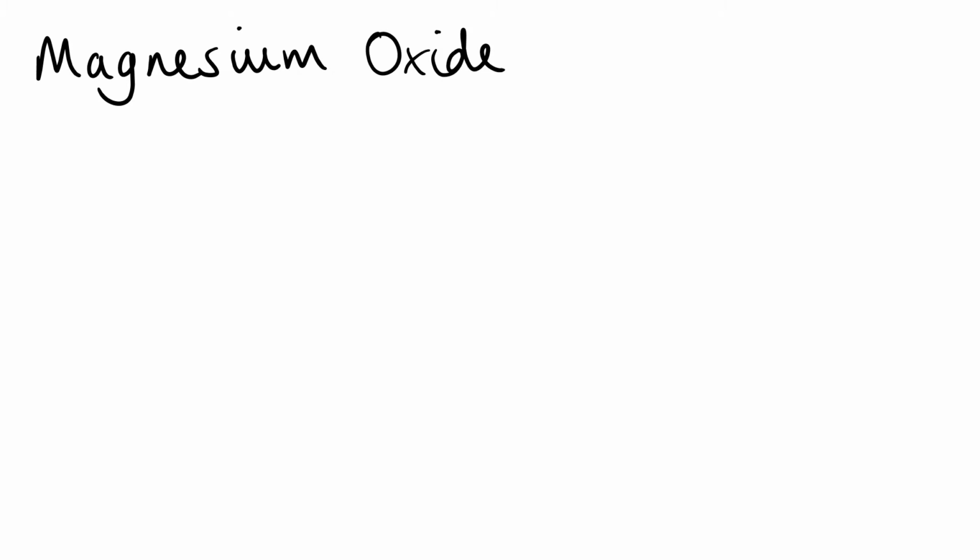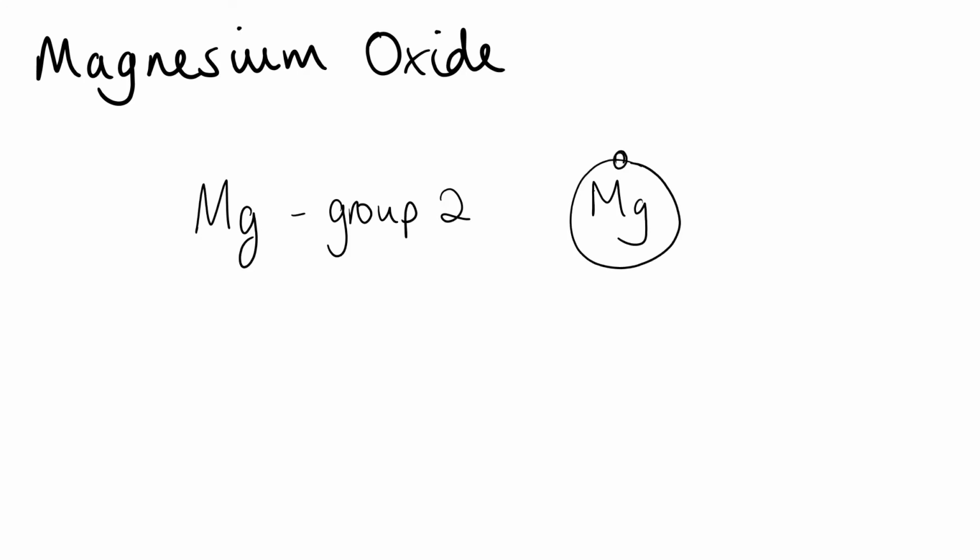So when it comes to working out the formula of a compound, we need to take the elements in the compound into account. Now magnesium, Mg, is in group 2 of the periodic table. That means that it has 2 outer shell electrons, like that.